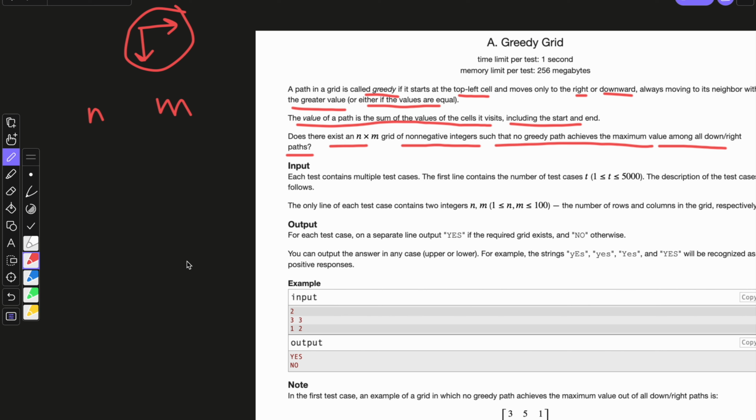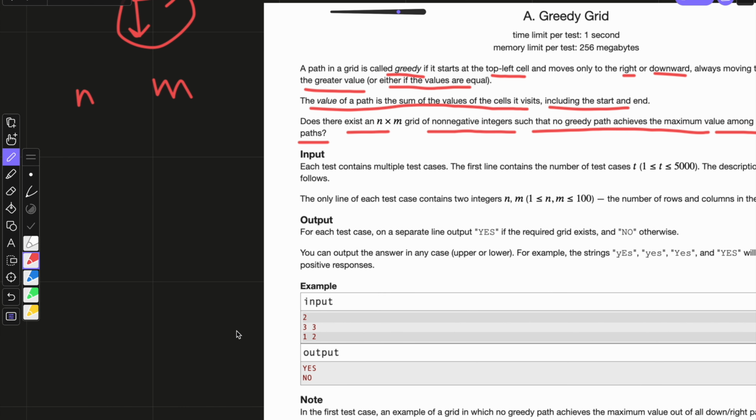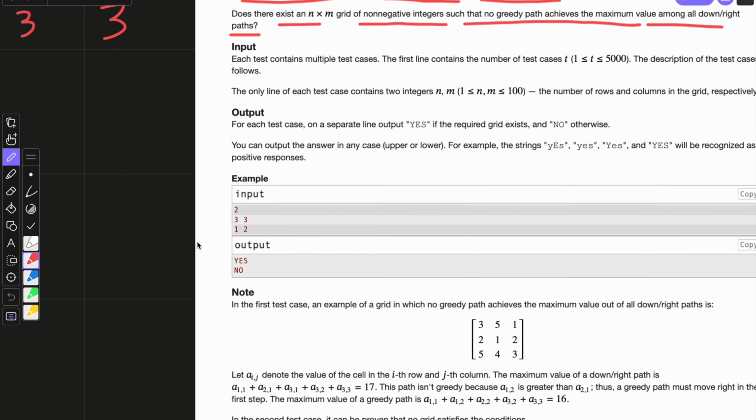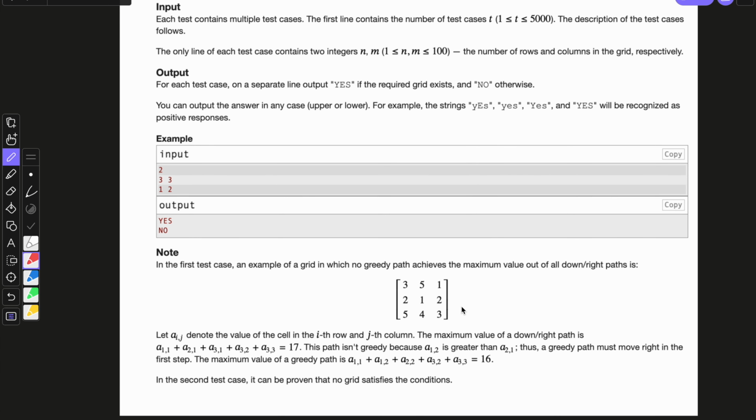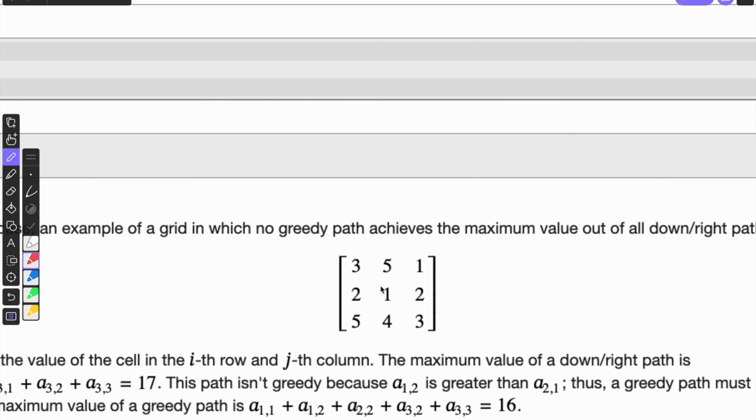Okay, so let's understand it with the first test case where n is 3 and m is also 3. So here is this grid which is a 3 cross 3 grid, right? And if we follow a greedy path from 3, we can move in this direction or in the downward direction, right?